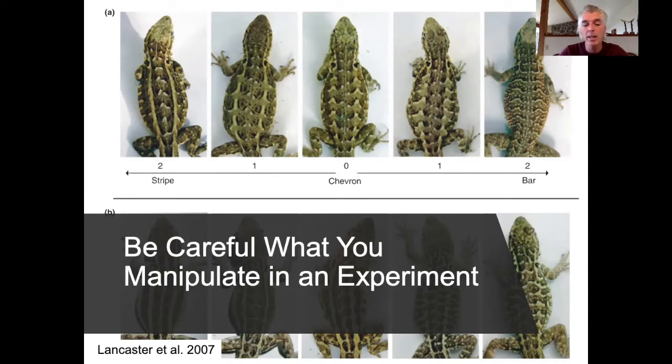So, for example, when Leslie Lancaster et al. manipulated estradiol concentrations in some lizard eggs by adding a little bit of estradiol to the outside of the eggs, she needed to be careful to control for the fact that that estradiol was dissolved in ethanol as a vehicle to deliver the estradiol. And as a result, extra care needs to be taken to make sure that it wasn't, in fact, the ethanol rather than the estradiol that caused the changes in back patterning.